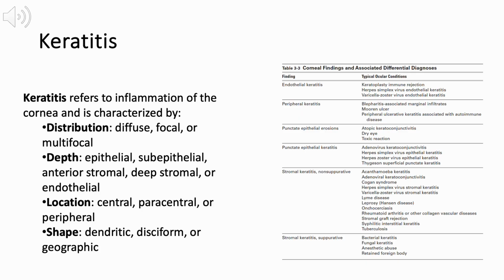The accompanying Table 3.3 lists corneal findings and their associated differential diagnoses, such as endothelial keratitis, often linked to immune rejection, HSV or VZV; peripheral keratitis, seen with marginal infiltrates or autoimmune disorders; punctate epithelial erosions, related to dry eye or toxic reactions; punctate epithelial keratitis, commonly associated with adenovirus or herpes; and stromal keratitis, differentiated into non-suppurative, such as acanthamoeba or autoimmune disorders, and suppurative, such as bacterial, fungal, or trauma-related.